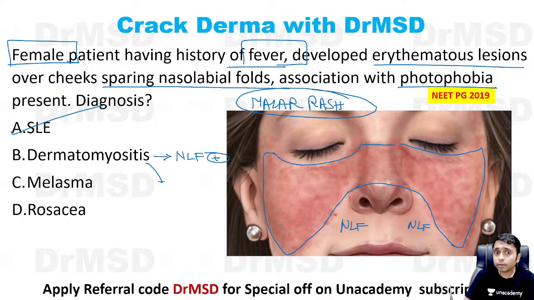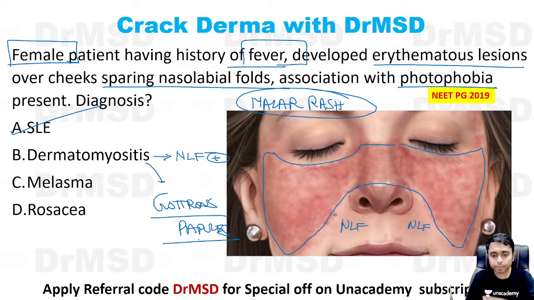And if you remember, we have seen in the earlier part of this video, Gottron's papules, which can be seen as a violaceous macular erythema and also papules over the interphalangeal joint and metacarpophalangeal joint, is a pathognomonic sign of dermatomyositis. Okay. Did anyone of you answer melasma or rosacea? No one has answered. Okay, right. So almost all of you know.